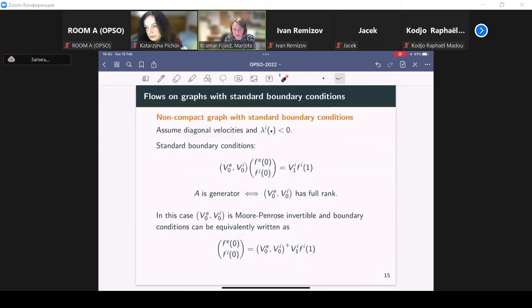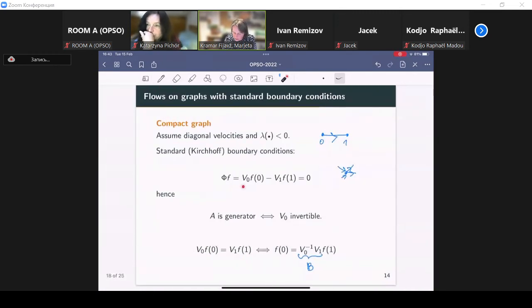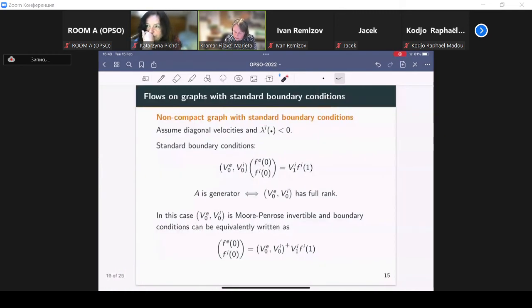Now, if we want to proceed similarly in the non-compact case, we again assume that we have velocities which are diagonal, and that all velocities are negative. Then we just do as here, but now we also have this external part, right? So in 0 we have the external and the internal, in 1 we only have the internal.